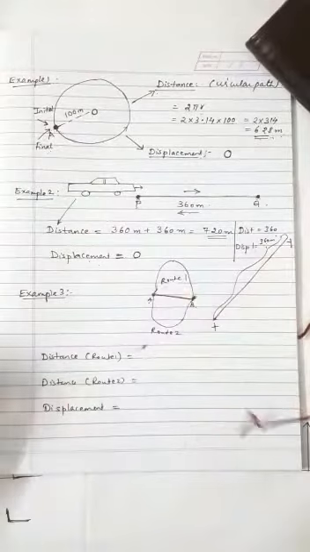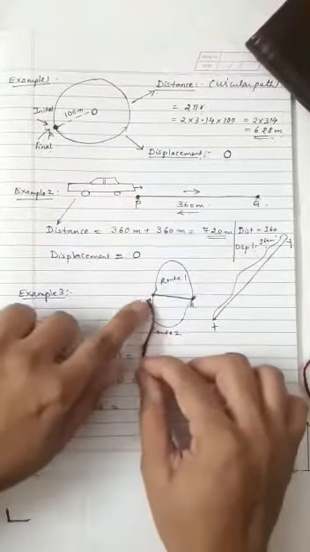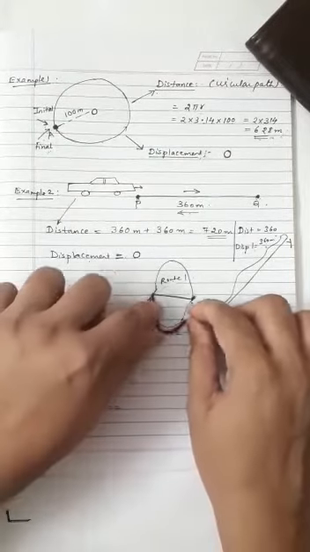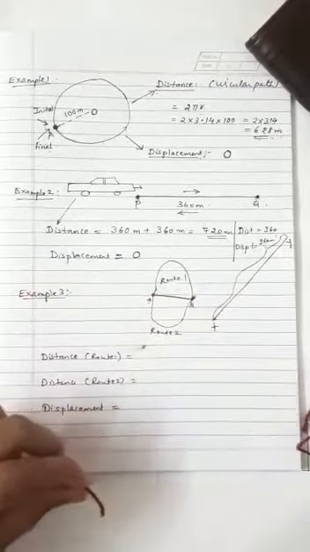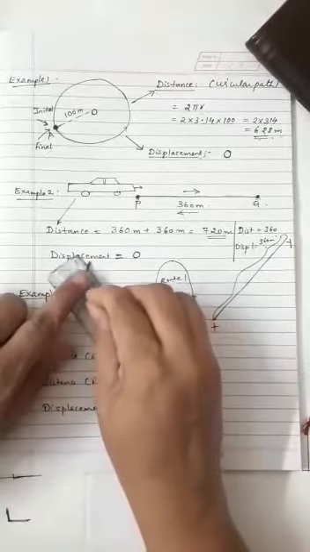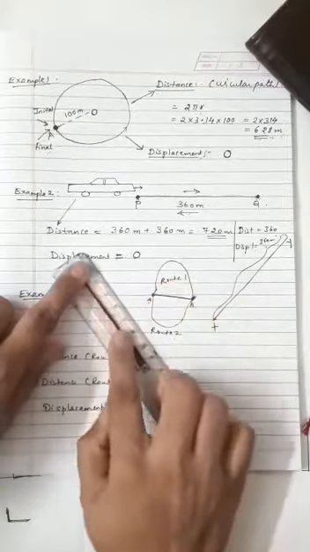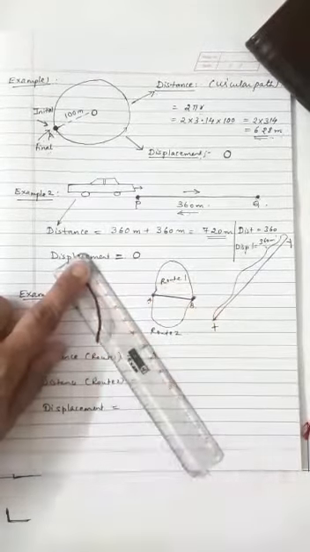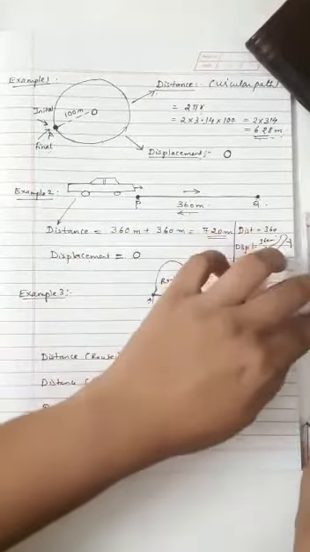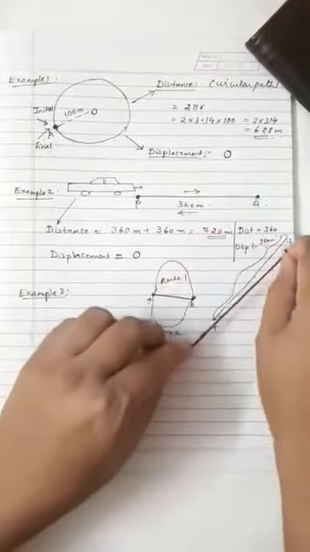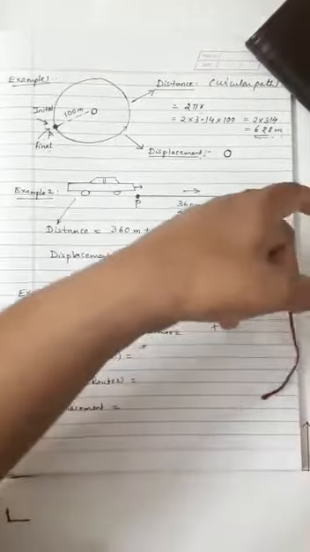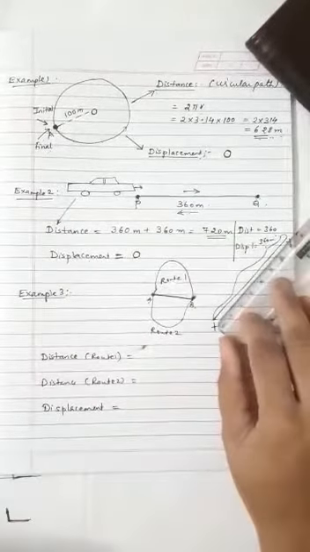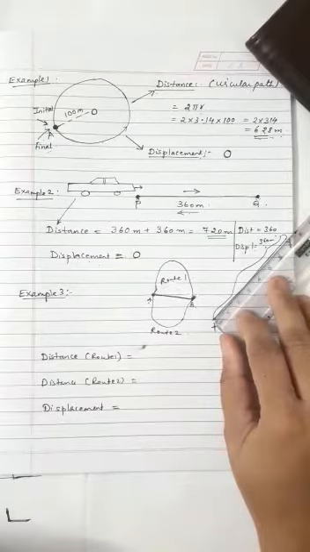And now here also children, you can see another route between A and B. You can just take the rope, place it around AB, and then check its distance on the scale. So I think it comes to around 5.8 centimeters. And one more example is the distance between X and Y, that is this linear distance is easy to calculate. You can just keep a scale and calculate. So that is around 7 centimeters.